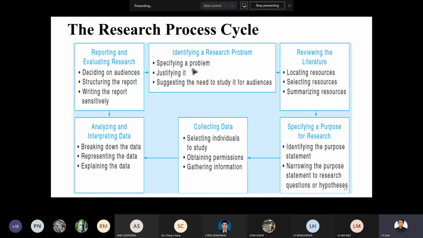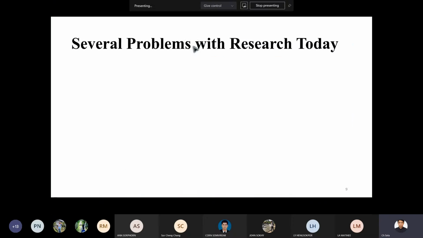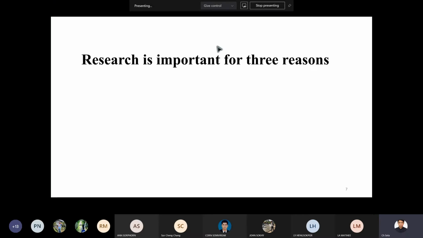But many people would start their research with the problem statement instead of the topic. They read a lot of research and books, and they find some gaps, some problems which have been existing for a long time and haven't been solved yet.